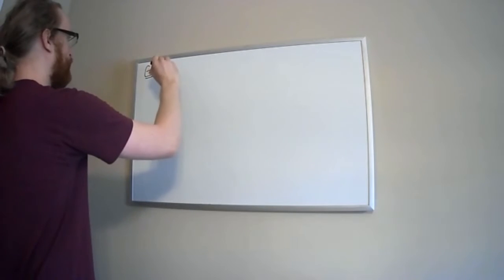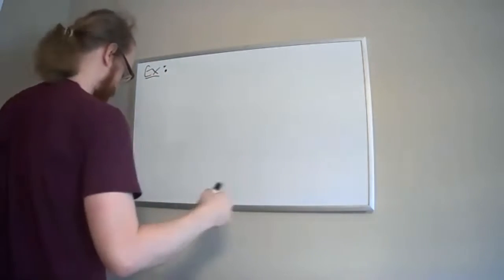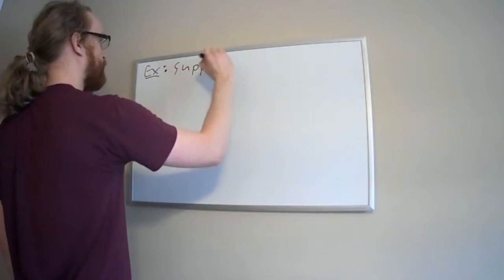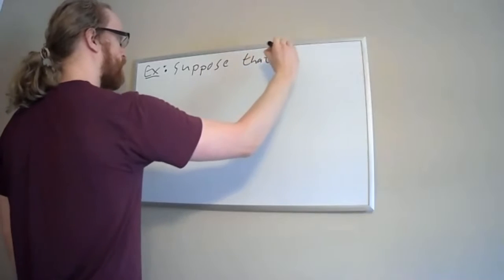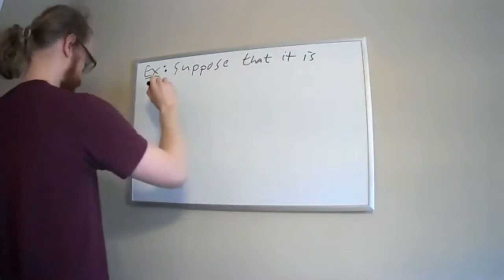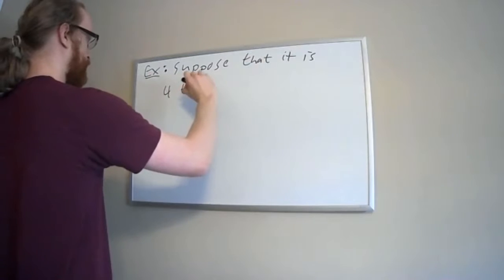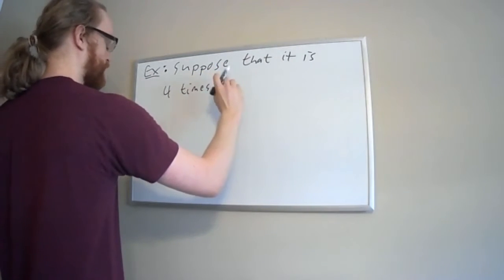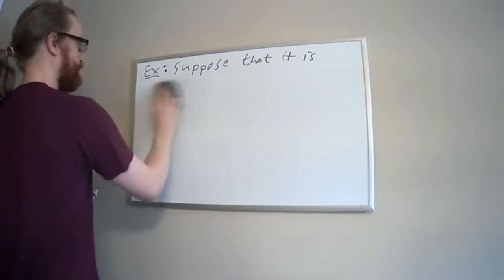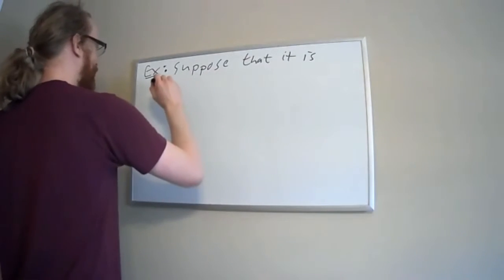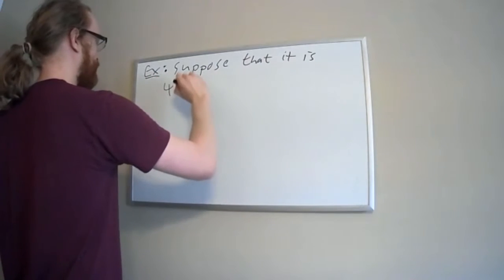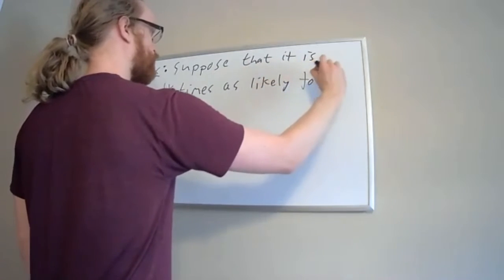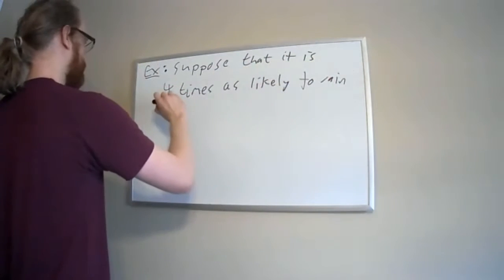Into the mix here, let's bring snow into this. So we'll have rain, snow, and sun. And let's suppose the following things. Let's suppose that it is 4 times as likely to rain tomorrow as it is to snow.